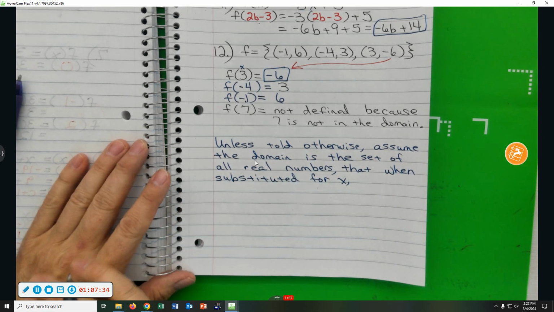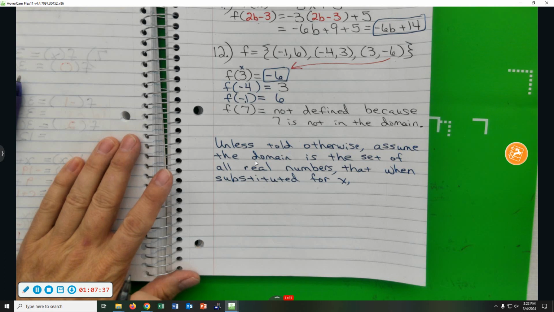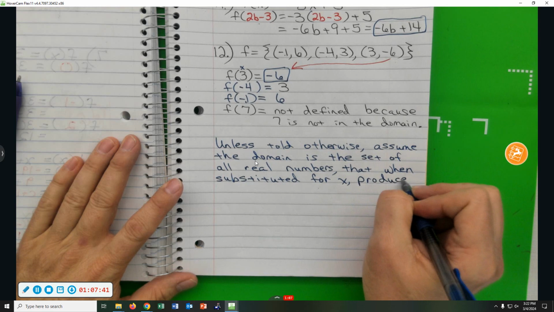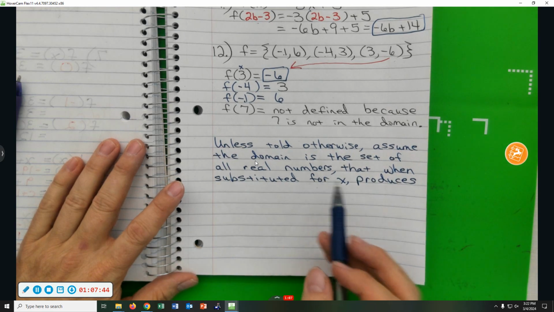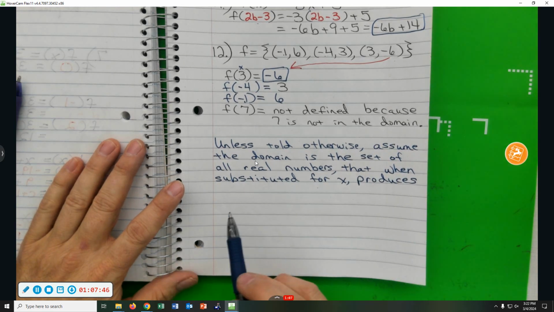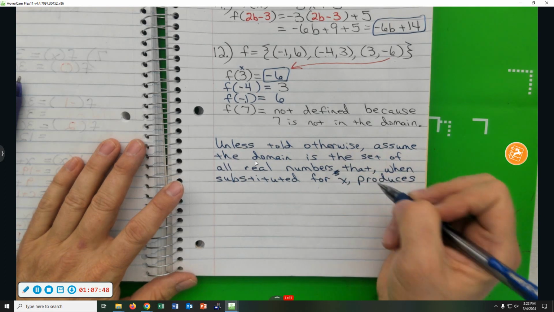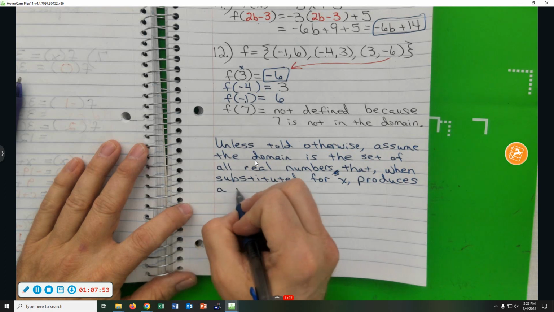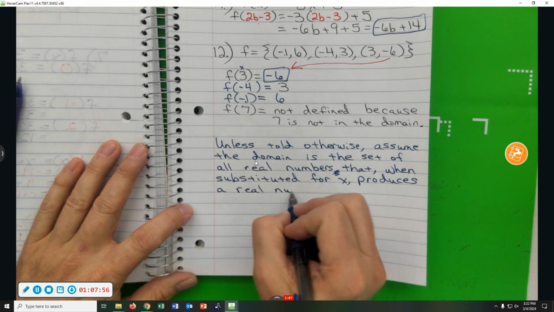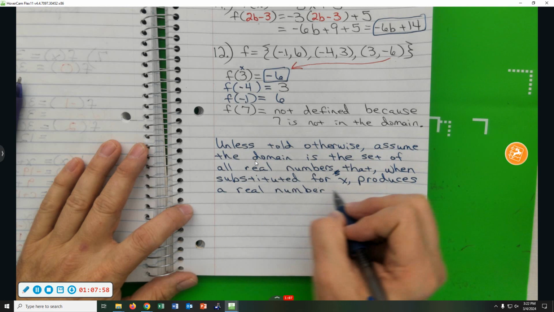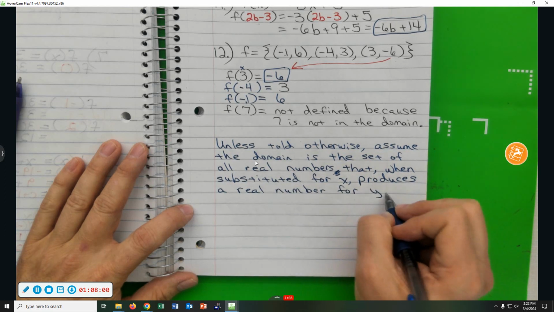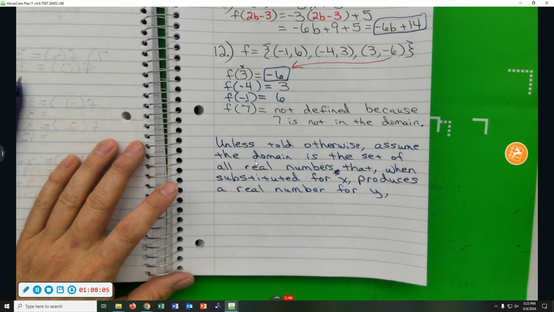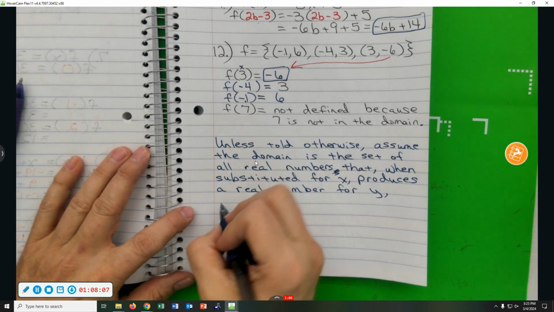It's the set of all real numbers that, when substituted for x, produces a real number for y, not an imaginary number and not an undefined result.